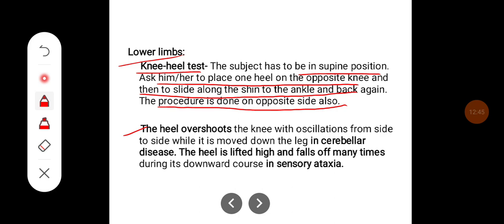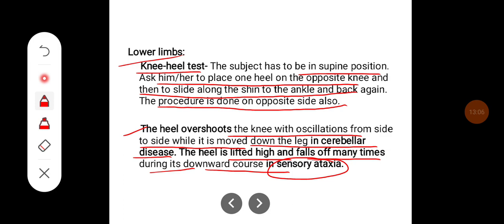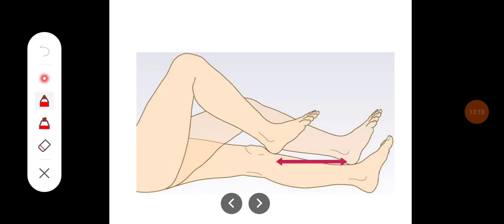The heel overshoots the knee with oscillation from side to side while it is moved down the leg in cerebellar disease. The heel is lifted high and falls off many times during its downward course in case of sensory ataxia. So this is how you differentiate between the motor and sensory ataxia. Okay. So here the person moves his heel from knee to the ankle.